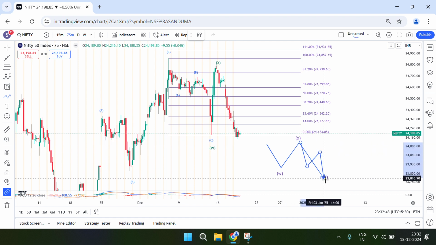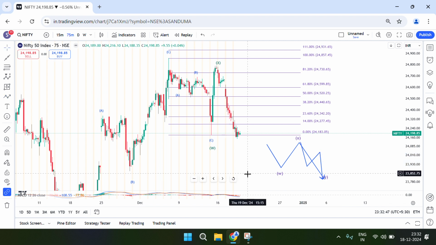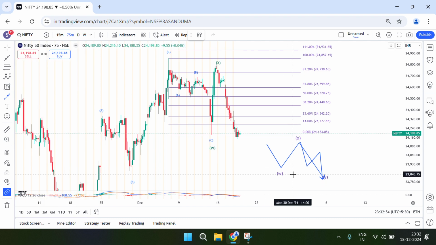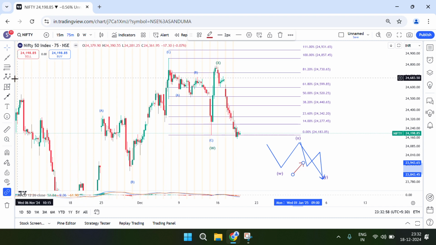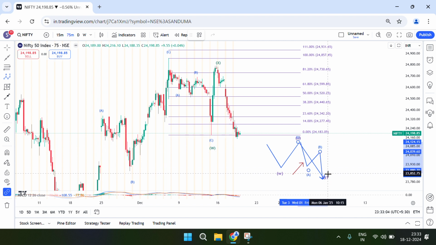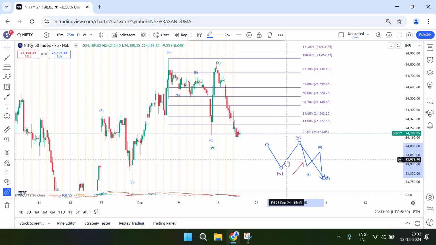It will be A, B, and C like this. So currently in this particular move, we are at this point. We are making A of this Y. This will be ABC, so we are at A of A making Y. This is how we are expecting Nifty to move.